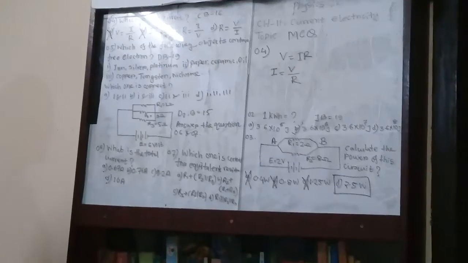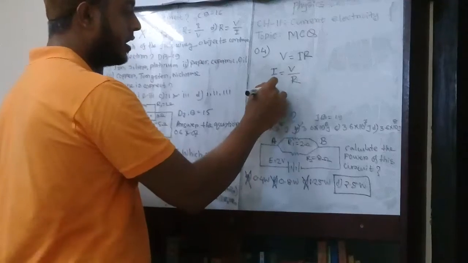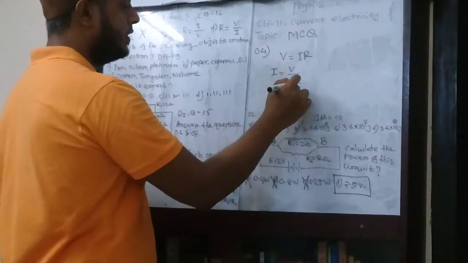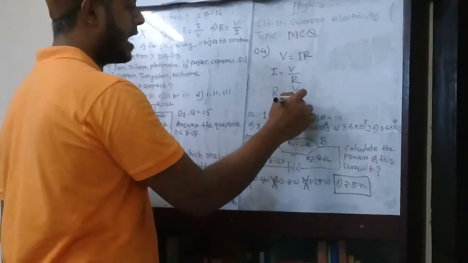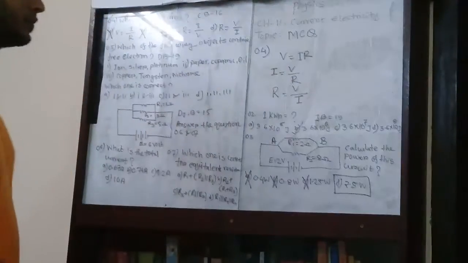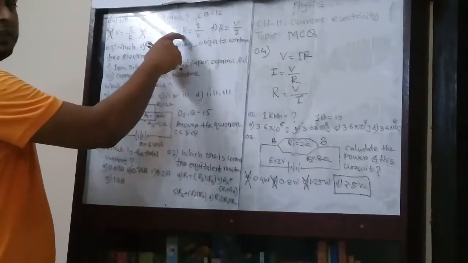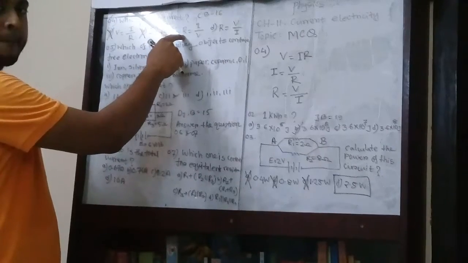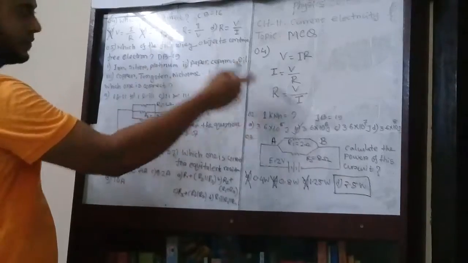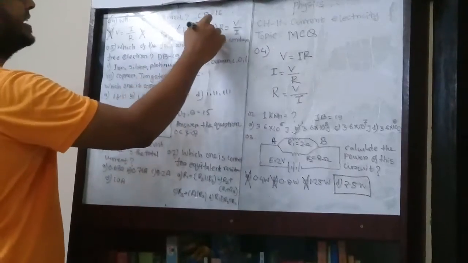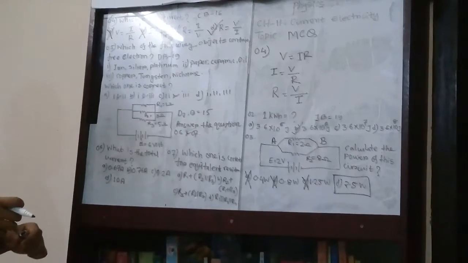Now option C. If you find R from this equation, R equals V divided by I. But in option D there is R equals I divided by V, so this is a wrong option. And option C must be the correct option, that is R equals V divided by I.